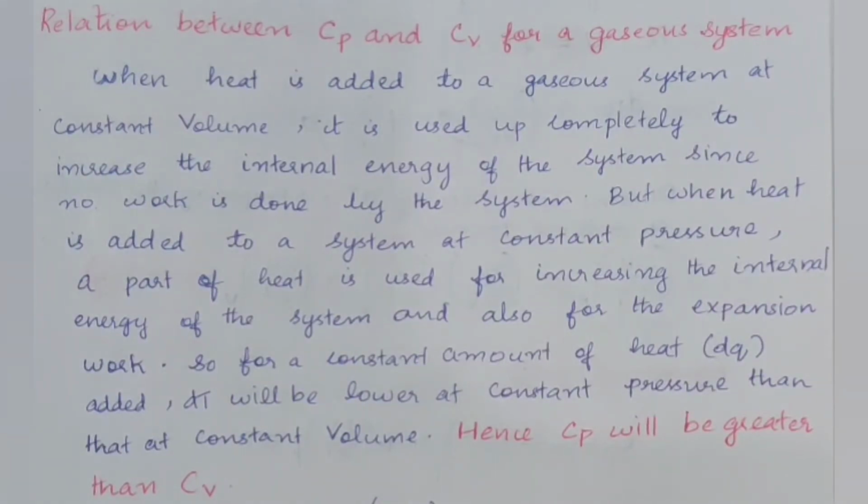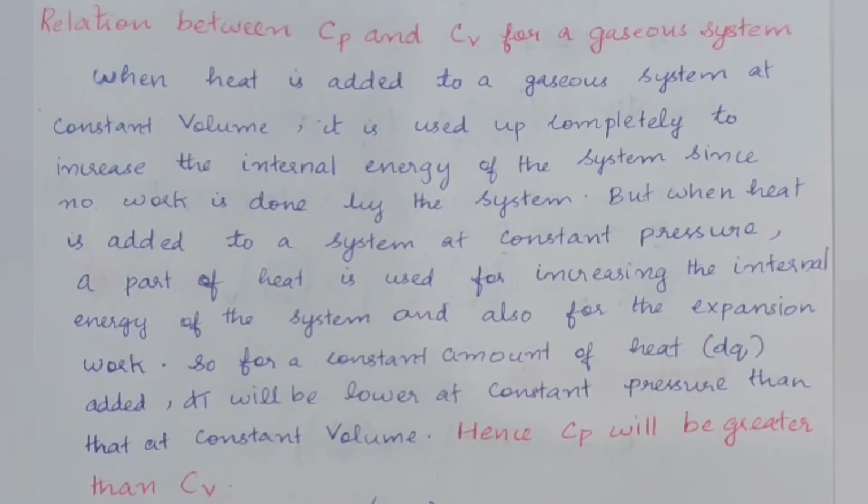Here you can see the notes for the relationship between Cp and Cv for a gaseous system. When heat is added to a gaseous system at constant volume, it is used up completely to increase the internal energy of the system, since no work is done by the system.